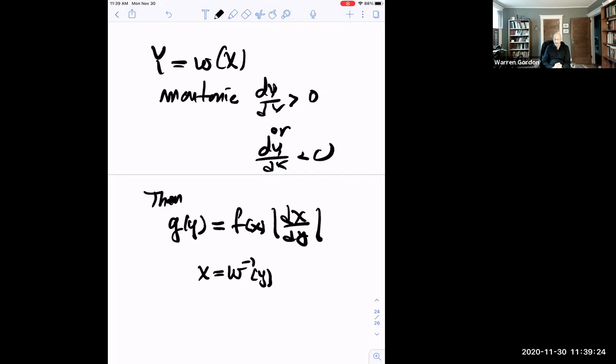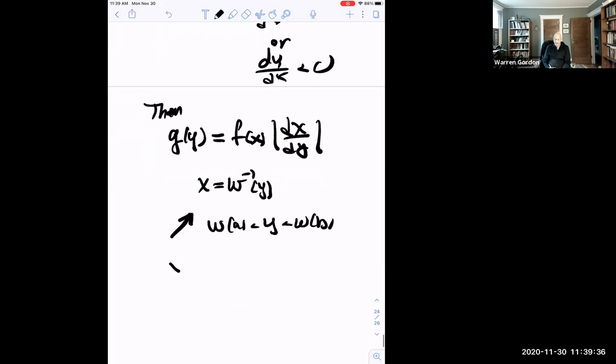You have to solve for it. And the interval, if it's increasing, will be this way. If it's decreasing, the interval on which g is not 0 gets reversed.